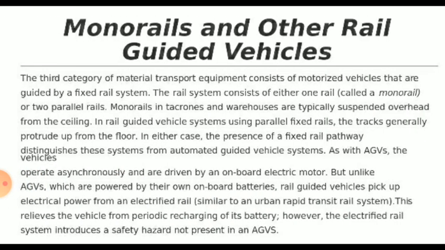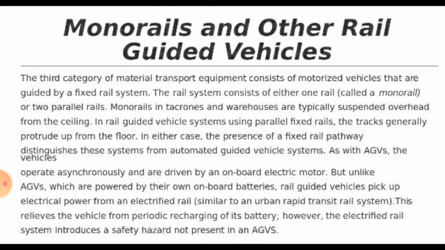Then the next type of material transport equipment is monorails and other rail guided vehicles. So monorails consist of motorized vehicles that are guided by a fixed rail system. The rail system consists of either one rail, that is called a monorail, or two parallel rails. Monorails in factories and warehouses are typically suspended overhead from the ceiling.